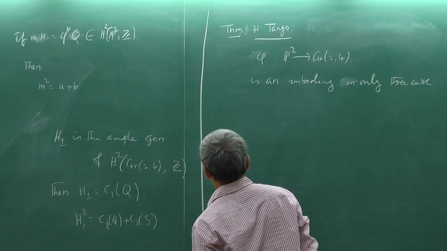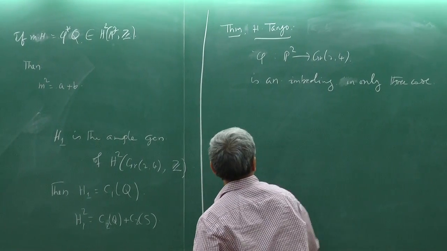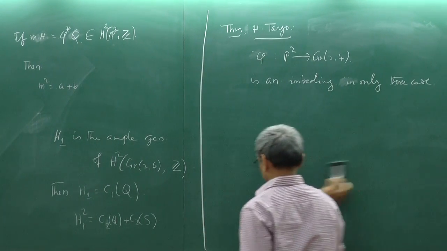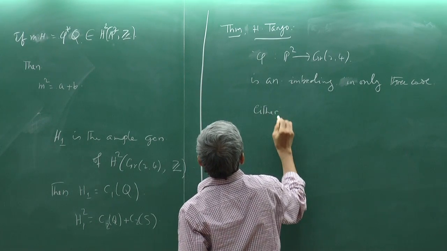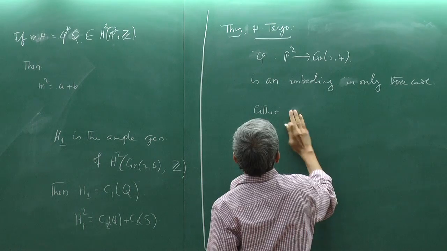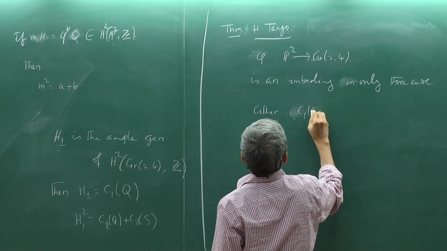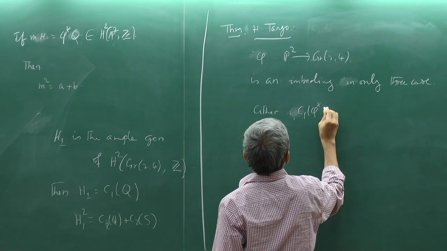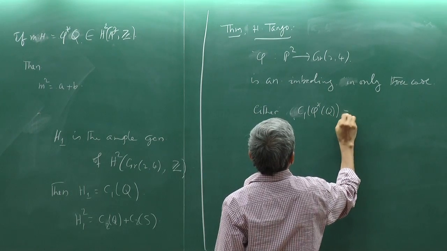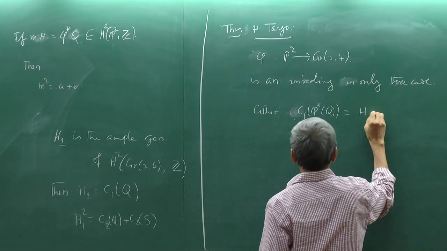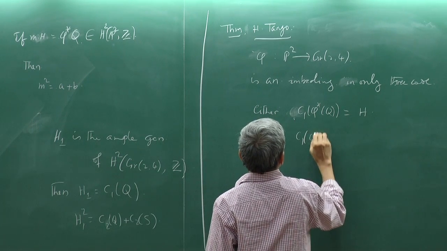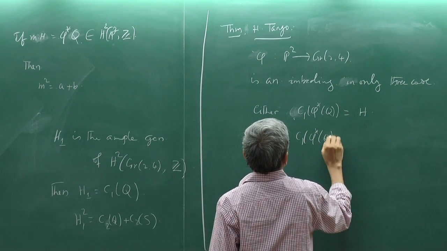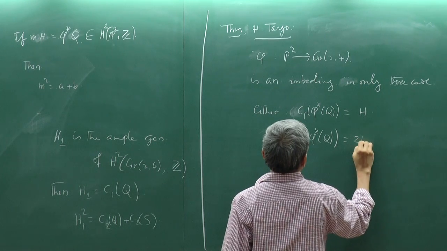So the only cases allowed are either C1 of phi star of Q is H, or C1 of phi star of Q is 2H.